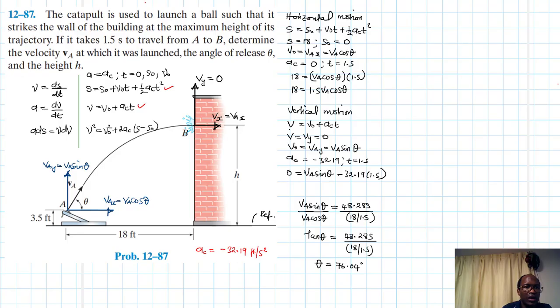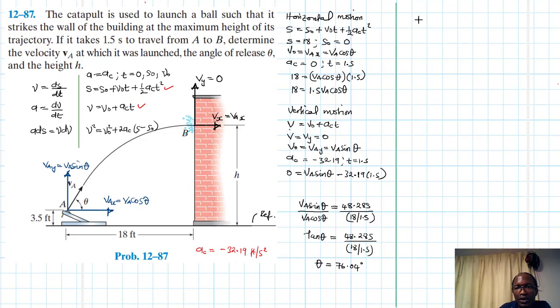So this is the angle. Okay, that's the angle. Once we found the angle, then we can move on to the next steps. We have the angle. We can now find VA. Okay, let's find VA.